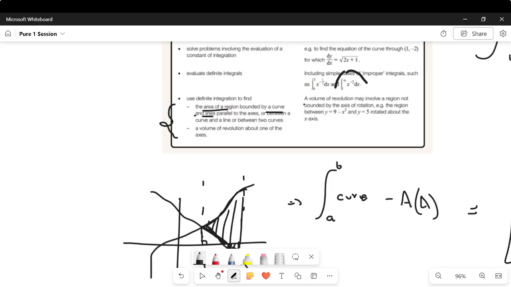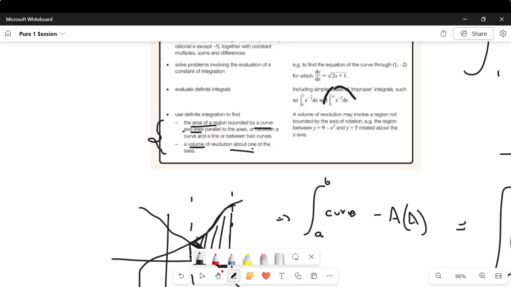Then you have volume of revolution about one of the axes. It can either be about the y-axis or about the x-axis. Let me use this x square as an example. y is equal to x square.